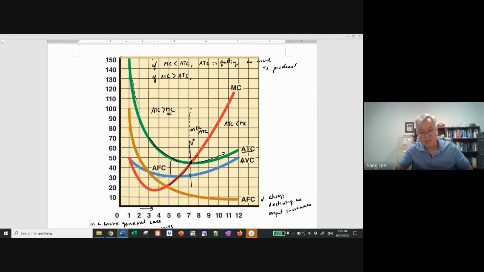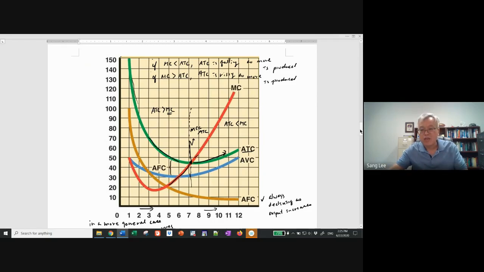Marginal cost is greater than average total cost, then what? ATC is rising as more output is produced. So whenever MC curve is positioned above ATC, then what? As you produce more output, average total cost starts rising. Okay, so that's the relationship.